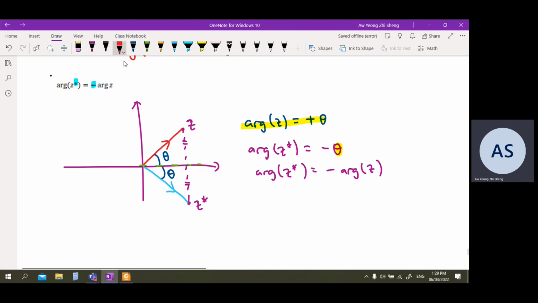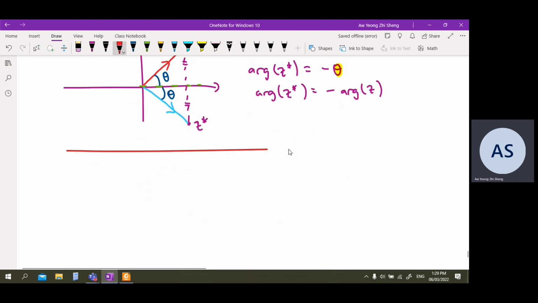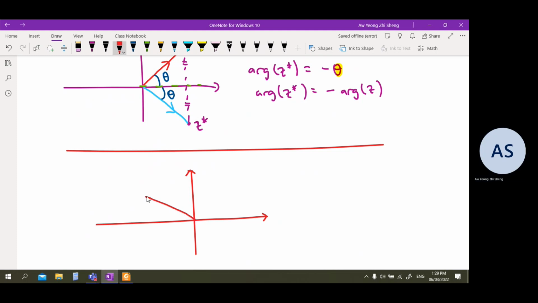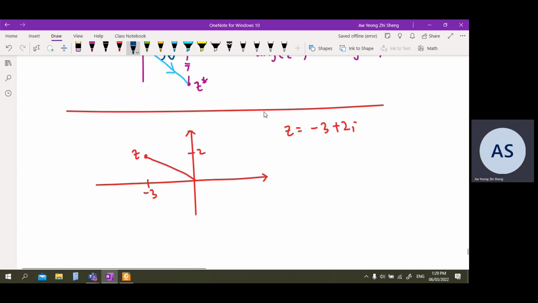And so just to illustrate to you again, if I have, let's say, this point, let's make it -3 and 2. So my z here is -3 plus 2i. Okay, then what would be my argument of z if I really calculate it? I will have to go by pi, then reverse by the basic angle.